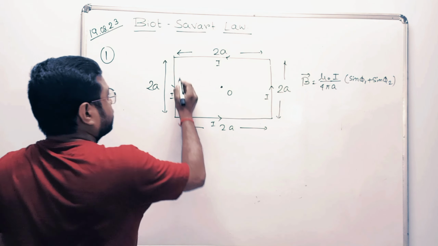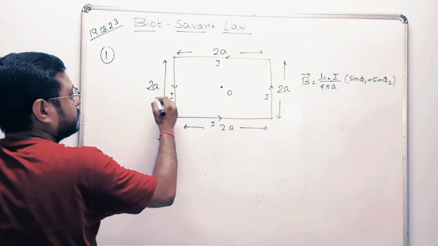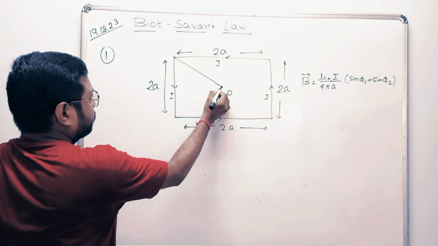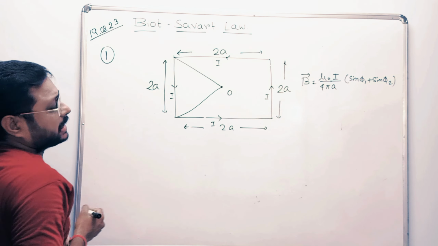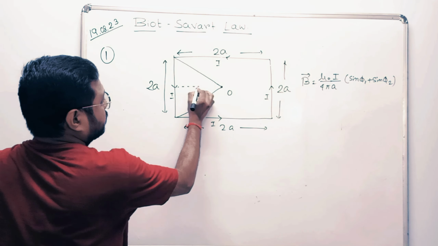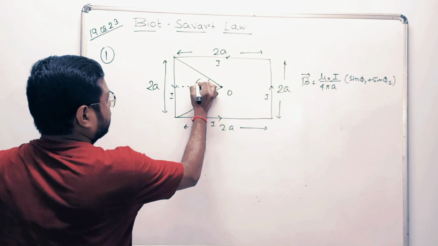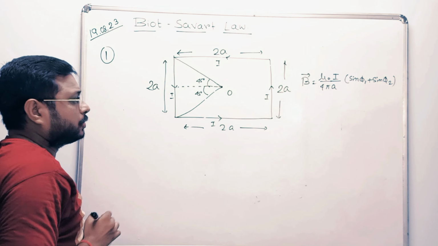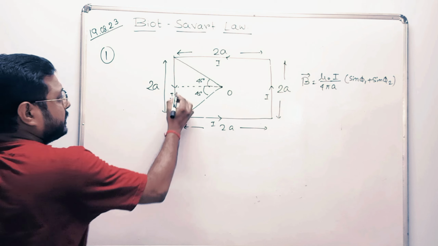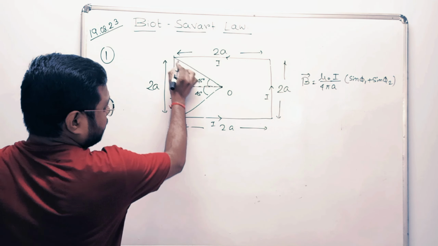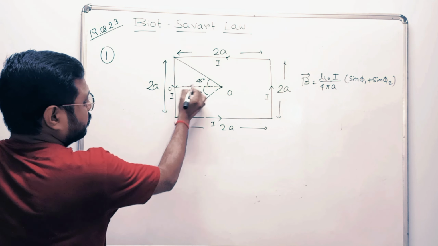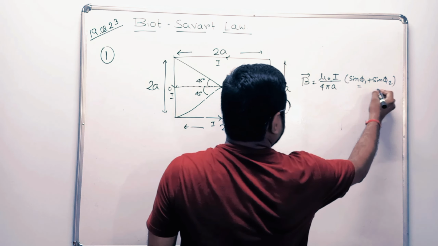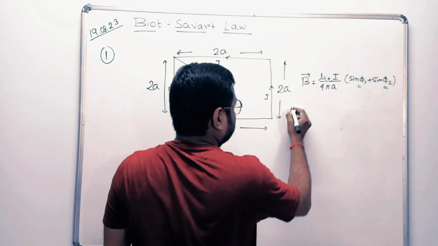If we take this side, the angle subtended by the end point of the side at point O is 45 degree and 45 degree. The angle subtended means draw a perpendicular from this, and the angle with the perpendicular is 45, 45. So in this case phi 1 is 45 and phi 2 is also 45.